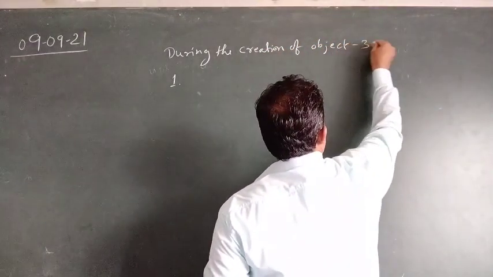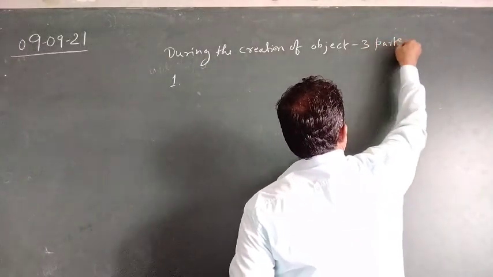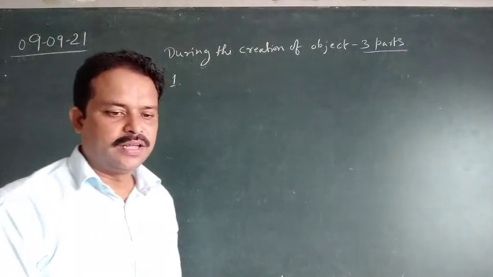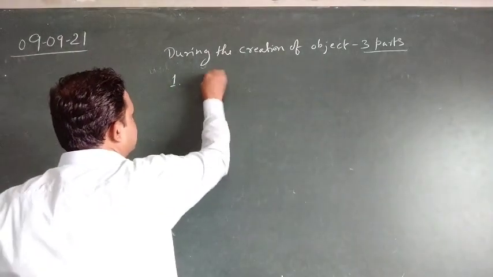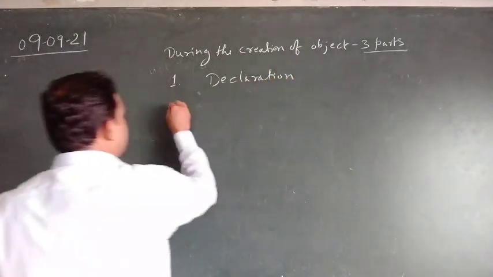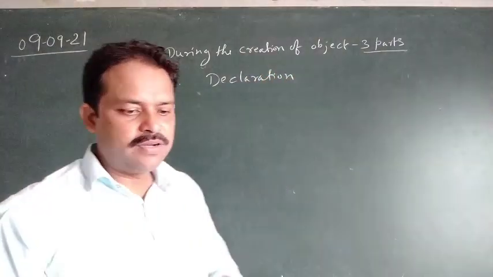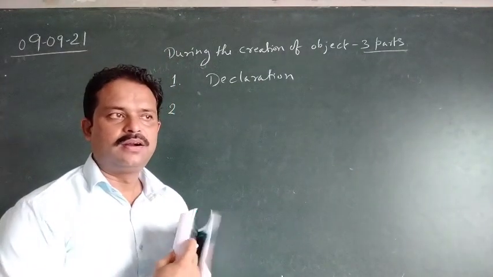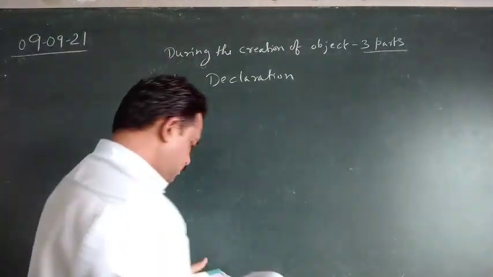we have three parts when we create the object. Number 1, we call it a declaration. Number 2, we have instantiation. We should know all these technical terms.